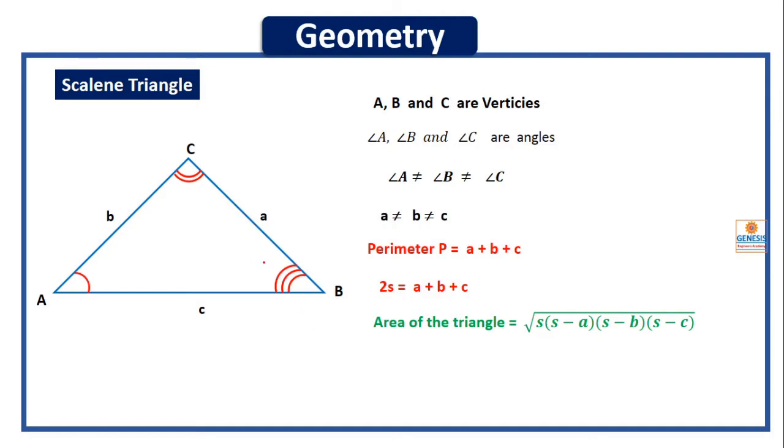Okay, what is a scalene triangle? All sides are not equal. So they have different sides. That is why A is not equal to B is not equal to C, and the angles are also not equal. To know the perimeter, you have to add the lengths: A plus B plus C. According to Heron's formula, the semi-perimeter S is equal to A plus B plus C by 2.